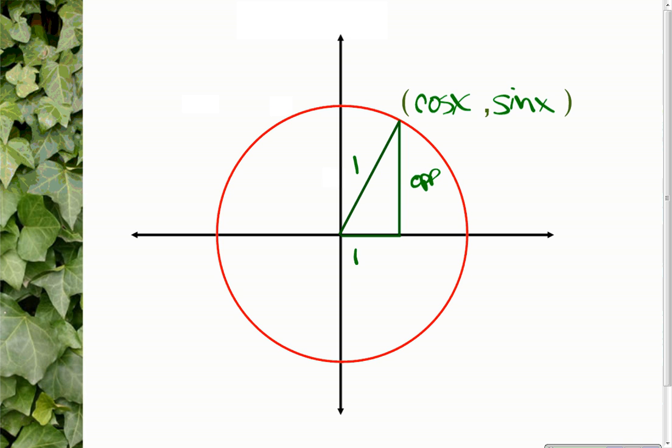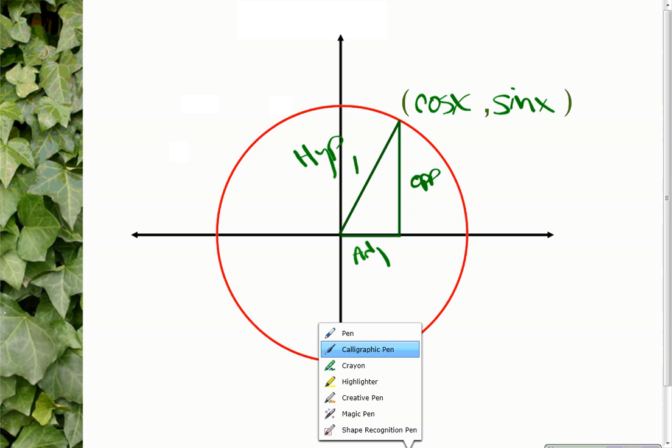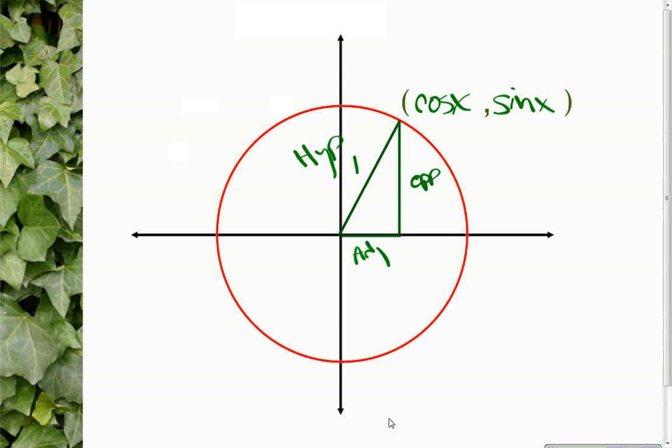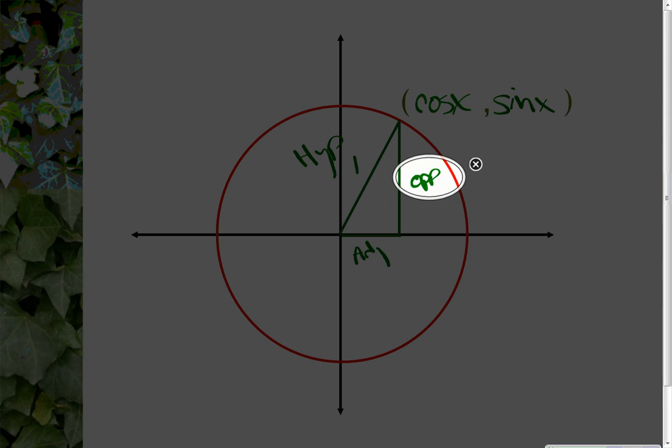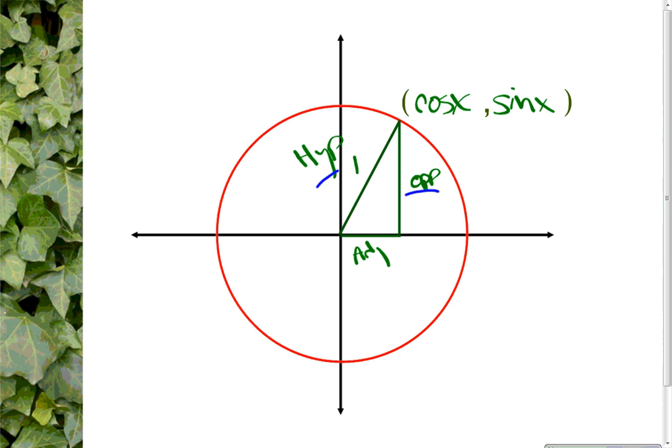This is my adjacent side. This is my hypotenuse. And so because of that, opposite over hypotenuse is sine, and since it's over 1, it's just the opposite side, and the same thing here. So because of that, we get this.